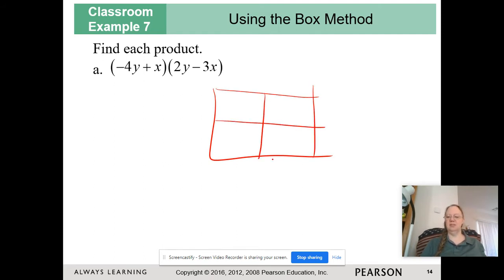Guys, this is going to be just an awful lot of binomials being multiplied together. So if you feel like you have this down, you can skip ahead.